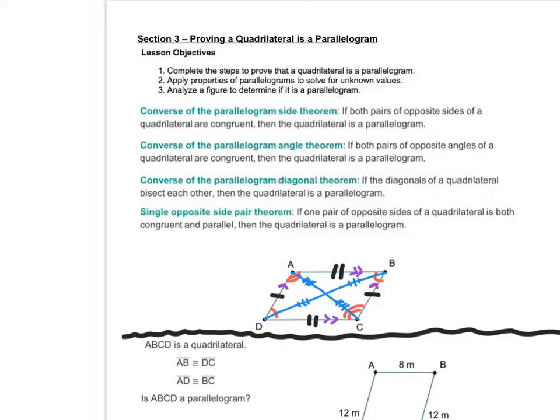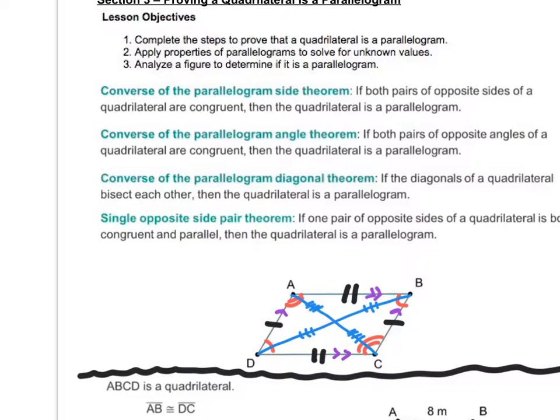All right, so here's the difference between section 1 and section 3. In section 1, you're given information and you conclude that you have a parallelogram.